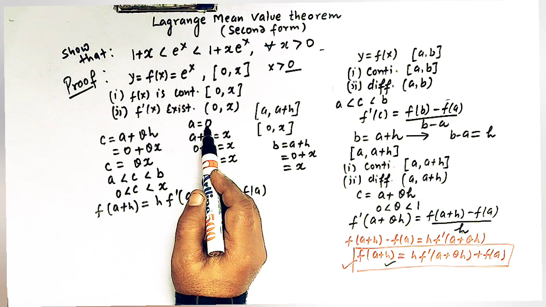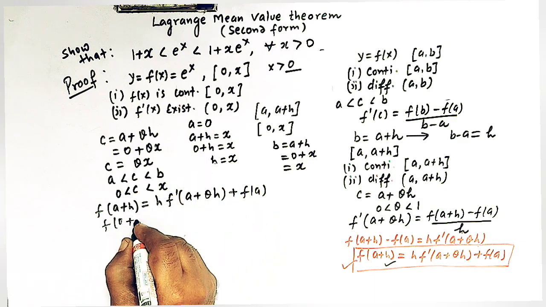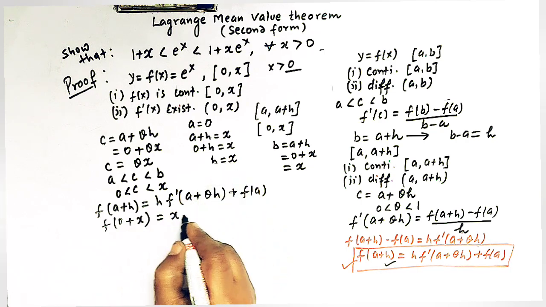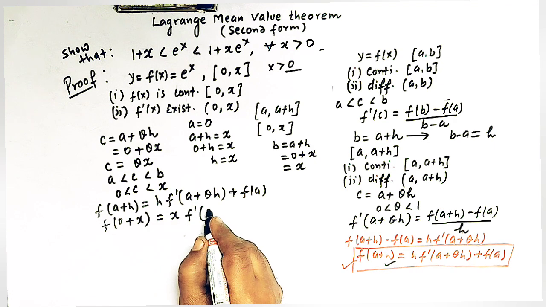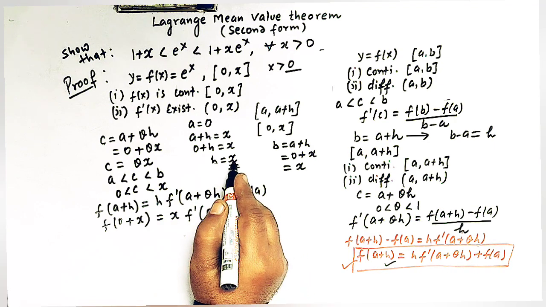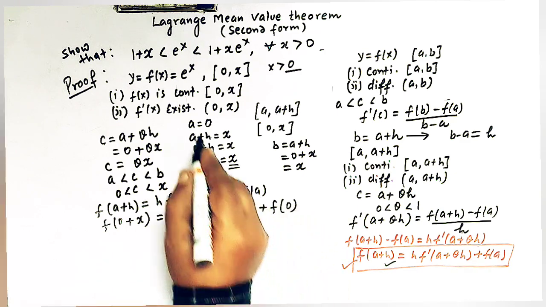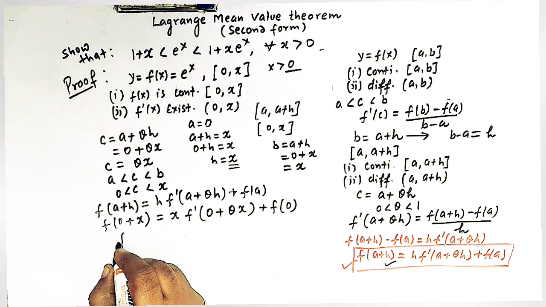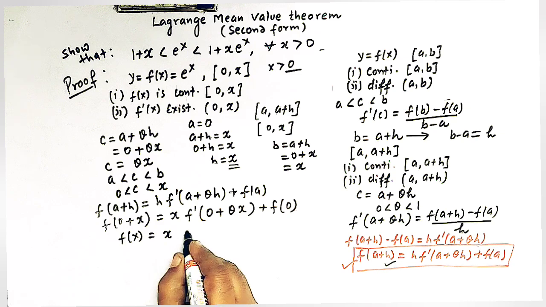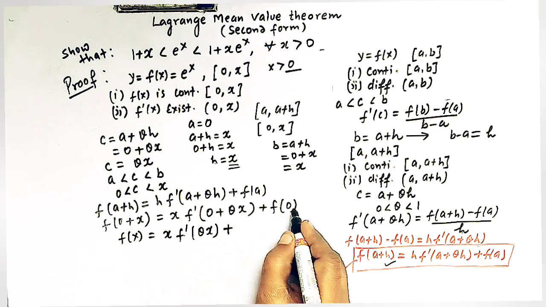Now taking a is equal to 0 and h as x, we have here x, and then for h we can now write x, and f prime of 0 plus theta x, because h is equal to x, and here we have f of 0 because a is equal to 0. So now we can write f of x, 0 plus x is x, and here we have x times f prime of theta x plus f of 0.